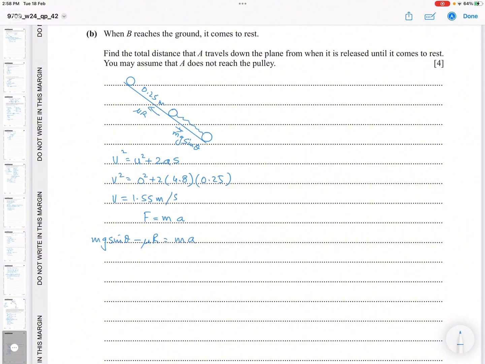So mg sine theta, so 0.2 times 10, sine theta is 3/5, minus 1.125, and R is 0.2 times 10 times cos theta, which is 4/5, is equal to ma. M is 0.2 and a is a. Simplify all of it, make a the subject, you will get minus 3 meter per second square.